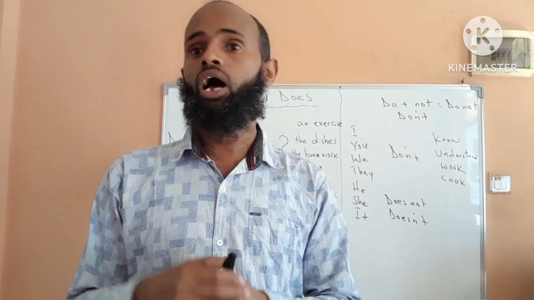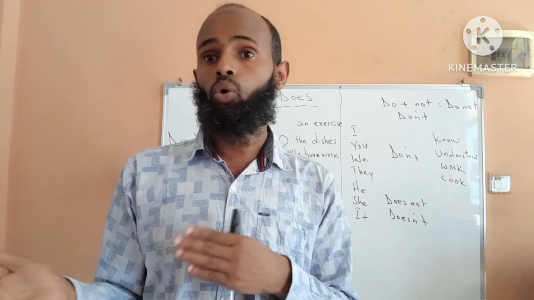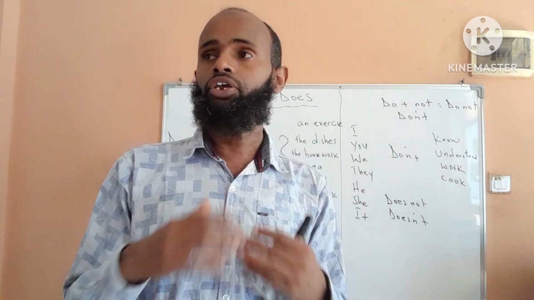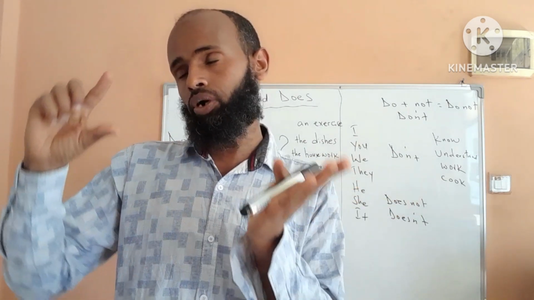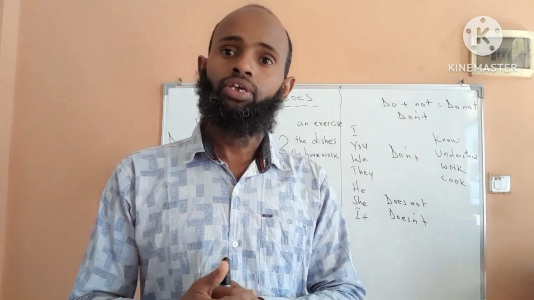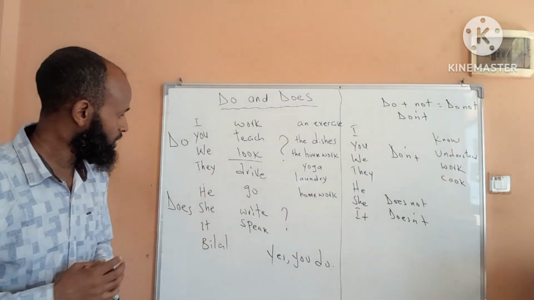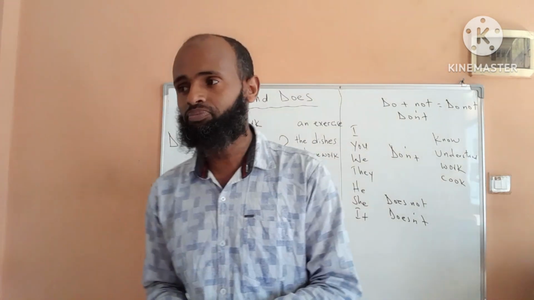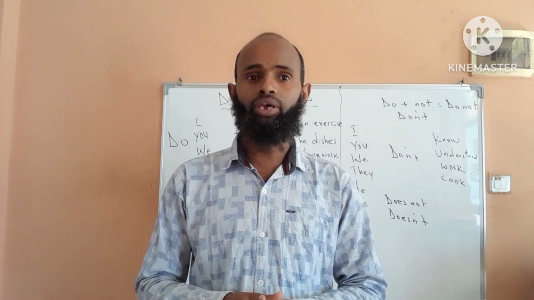The next is in negatives: I don't work, we don't study, they don't understand; he or she doesn't work. Lastly, we have learned how to make questions: Does she teach? Does he work? Do we understand?